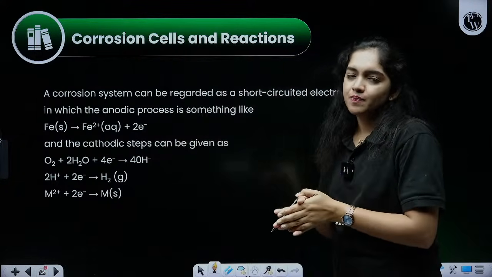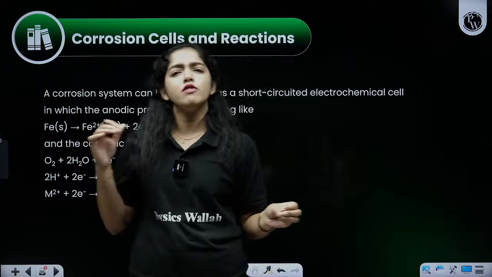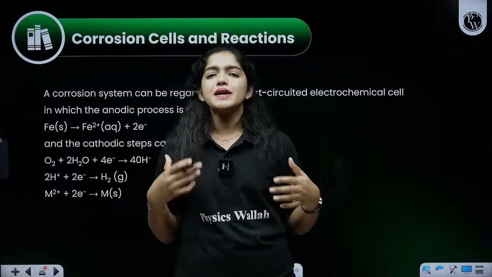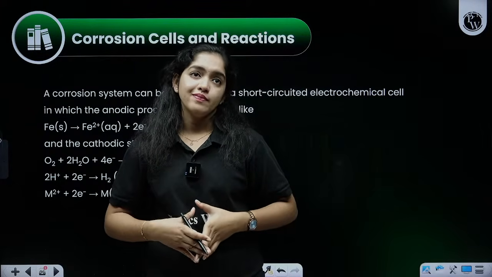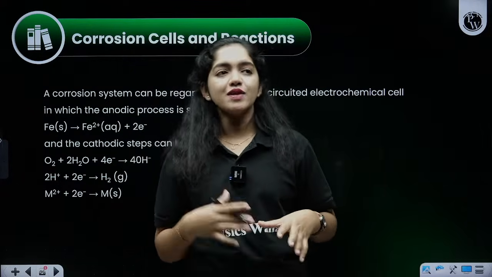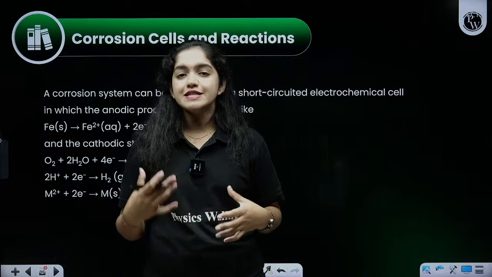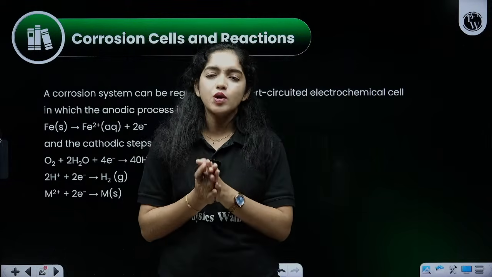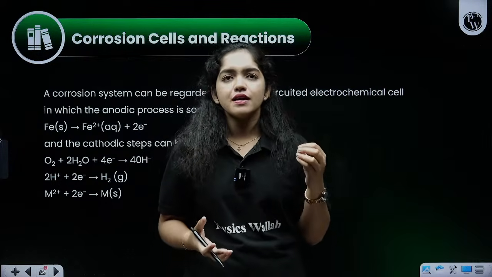Corrosion means what? Metals react with the surrounding atmosphere, right? Oxygen will be there, water will be there, air will be there. Metals react with the surrounding moisture, air, acid, salt, and it will change into metal oxide. That process is known as corrosion. Examples are rusting, tarnishing, verdigris.